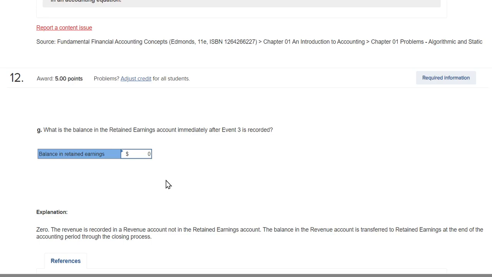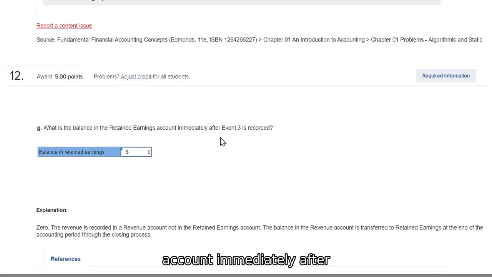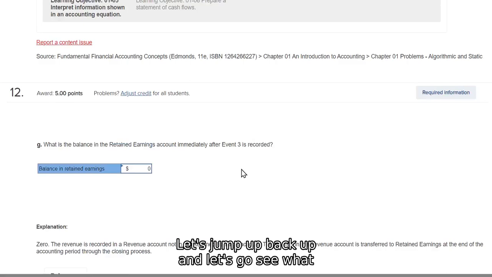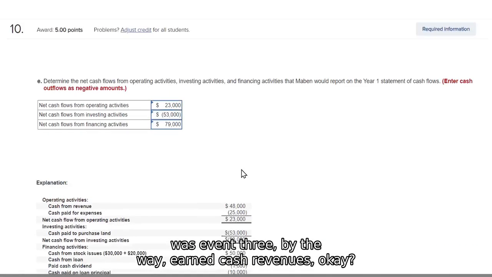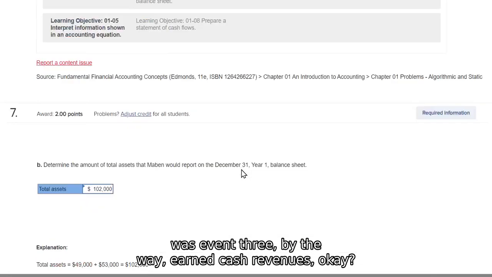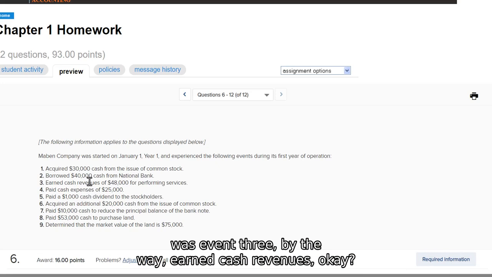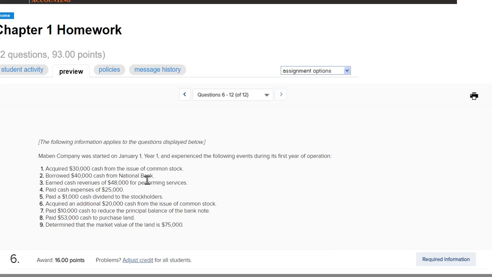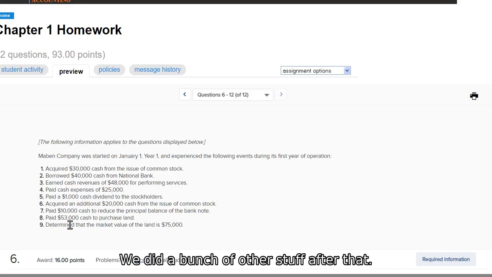Okay. What is the balance in the retained earnings account immediately after event 3 is recorded? Let's jump back up, and let's go see what was event 3. Earned cash revenues. But that was in the middle of the year, right? We did a bunch of other stuff after that.